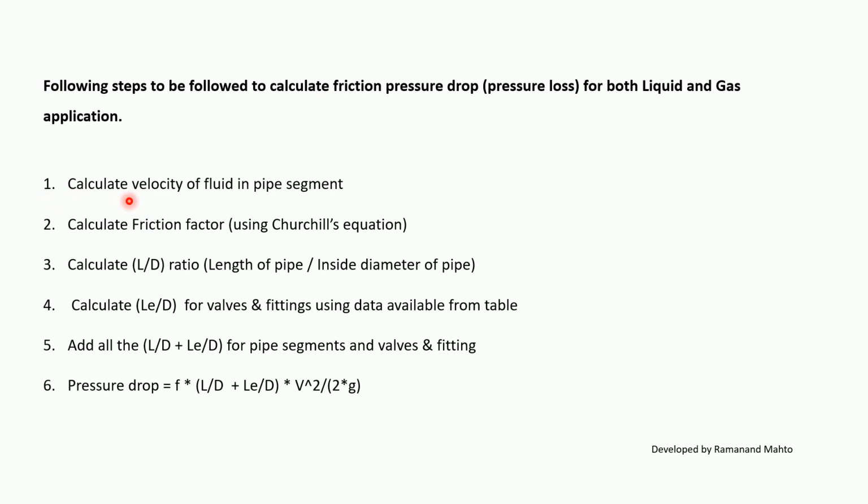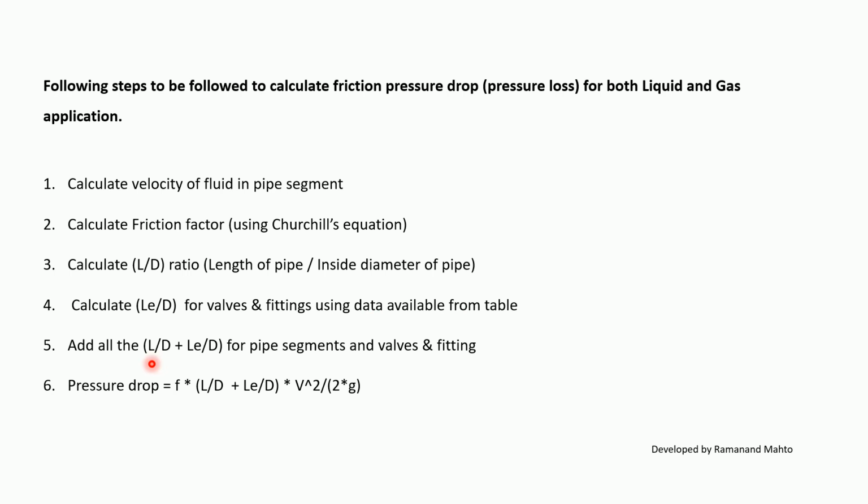Point number 1. Calculate the velocity of fluid in a pipe segment. Point number 2. Calculate the friction factor, that is the Darcy friction factor, using the Churchill equation. Calculate the L by D ratio for the pipe, that is the straight pipe length divided by the inside diameter of the pipe. Calculate equivalent LE upon D for the valves and fittings using the data available from the table.